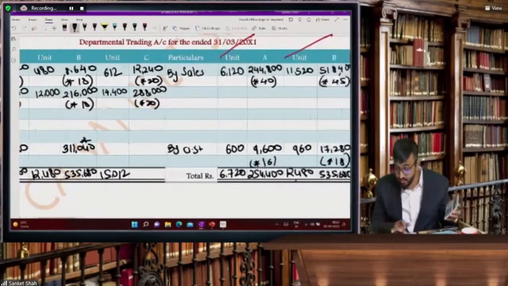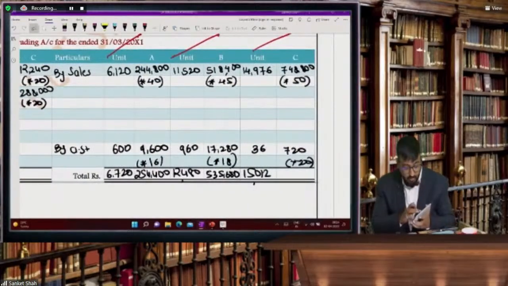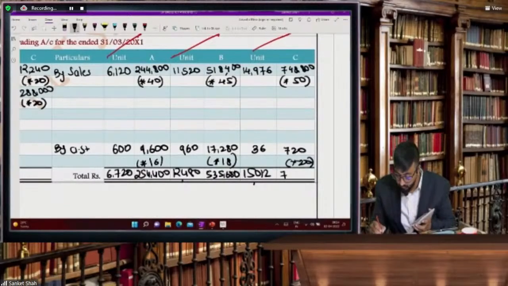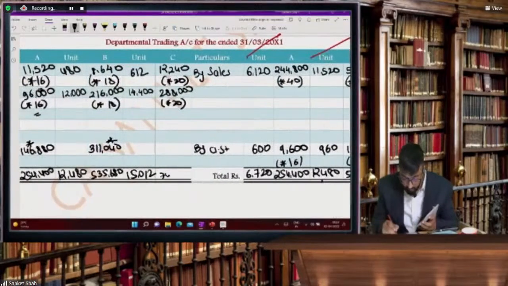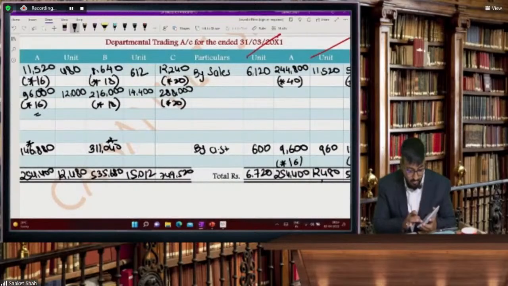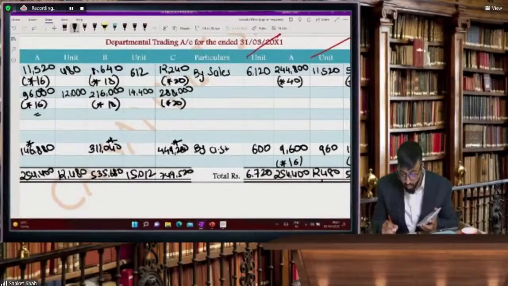And last one, 748,800, 720. I am getting 449,280.